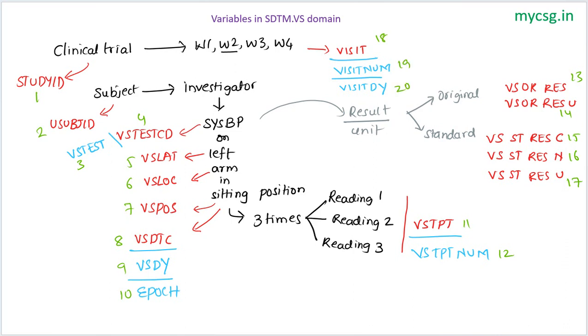So if you try to remember this flow, you will be able to easily recollect 20 variables which can be seen in the VS domain. As this is a findings domain, we also create a flag called the baseline flag. So that also can be added to this list. So we will be able to recollect overall 21 variables with this flow.